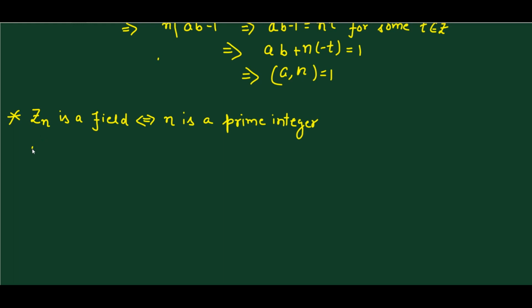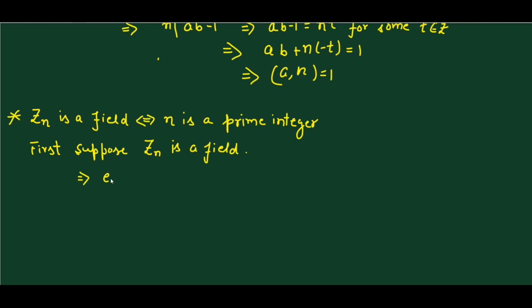So first suppose that Zn is a field. What we have to prove is that n is a prime integer. So what does it mean? Zn is a field.